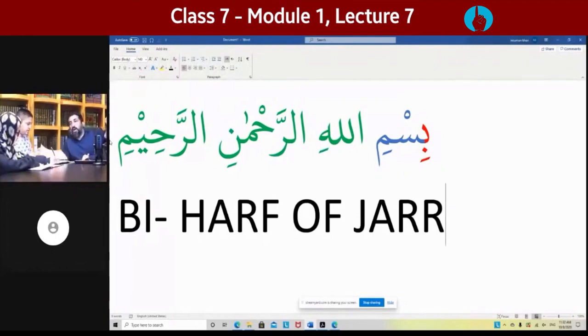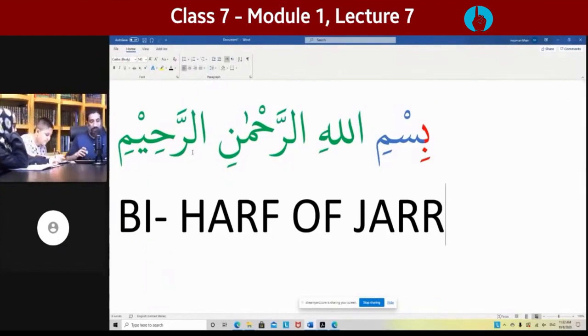If B is the jar, what's the majroor? Bismillah. The ismi. The ismi part is the alif gets not written. When I teach you one day, Imam Fakhruddin al-Razi wrote pages on why there's no alif in the word ism in Bismillah.